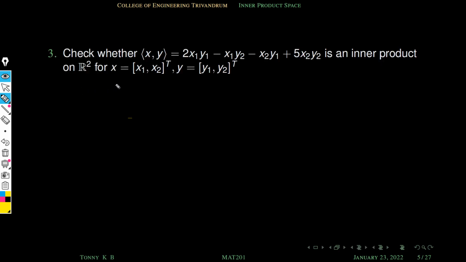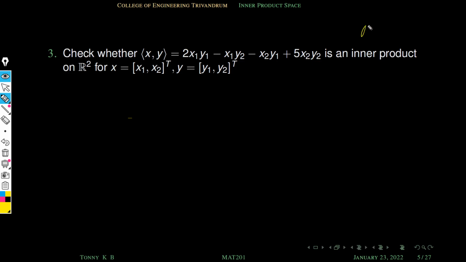Consider another problem. Check whether the function defined as the inner product of x, y equals 2x1 y1 minus x1 y2 minus x2 y1 plus 5x2 y2 is an inner product on R2, for x equal to (x1, x2) transpose and y equal to (y1, y2) transpose.